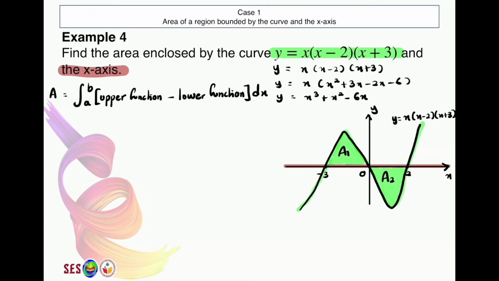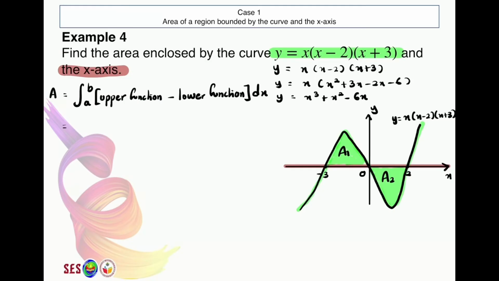For our case, we have got two areas now. So let us take a look at A1. If we were to look at A1, the upper function would be y equals x(x minus 2)(x plus 3). And what about the lower function? The one below it would be the one highlighted in red, which is y equals 0. And our interval would be from -3 up till 0. So I repeat, this will be our upper function and this is our lower function, and our interval would be from -3 to 0.